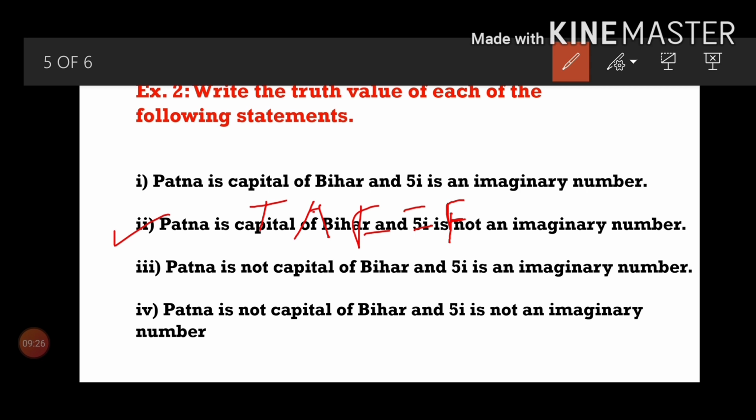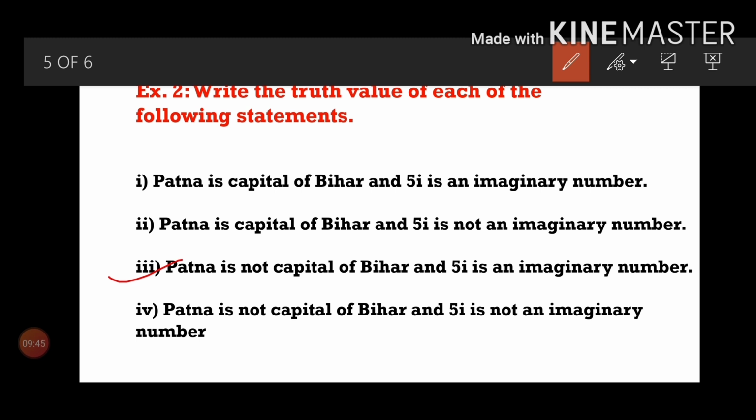Now see the third question. Patna is not capital of Bihar and 5i is an imaginary number. The first sentence, Patna is not capital of Bihar, is false.